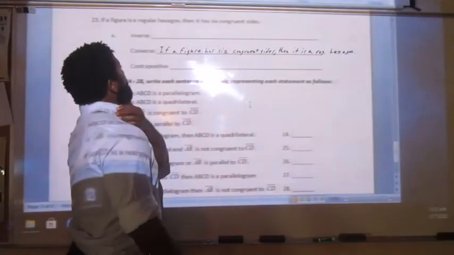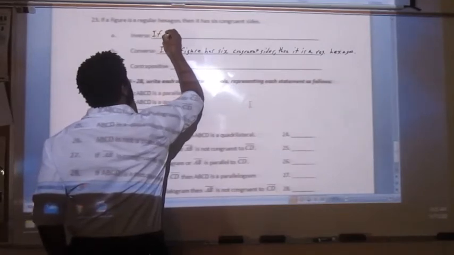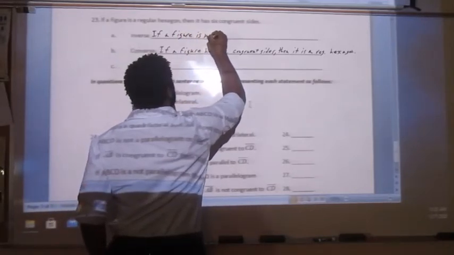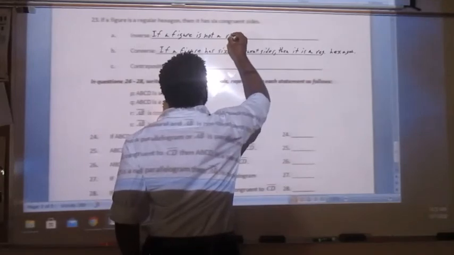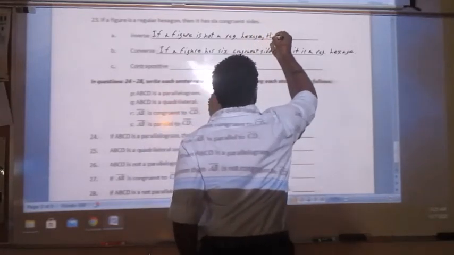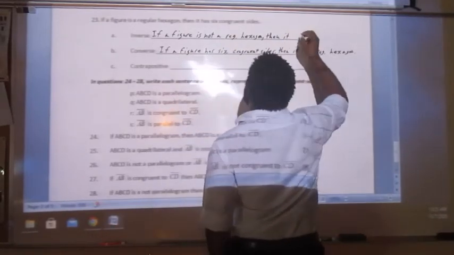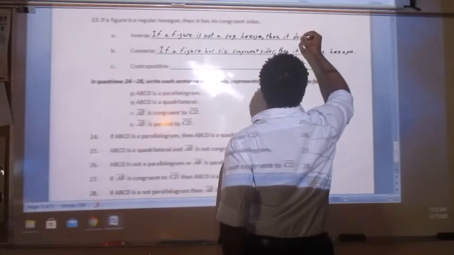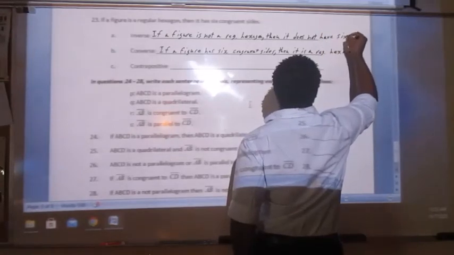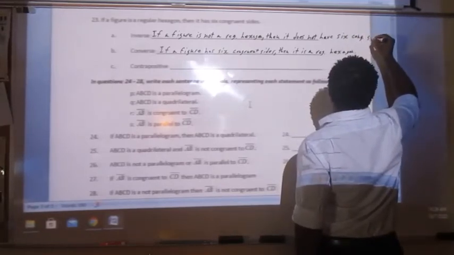If a figure is not a regular hexagon, then it does not have 6 congruent sides.